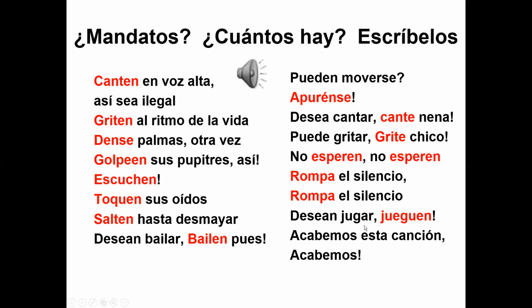Si desea jugar, juegue. Acabemos esta canción.